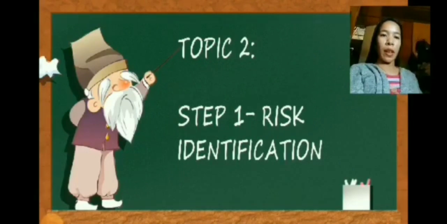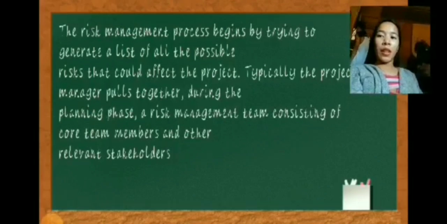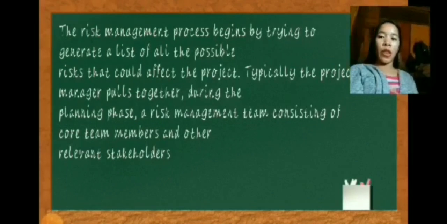Topic 2. Step 1. Risk identification. The risk management process begins by trying to generate a list of all the possible risks that could affect the project. Typically, the project manager pulls together, during the planning phase, a risk management team consisting of core team members and other relevant stakeholders.